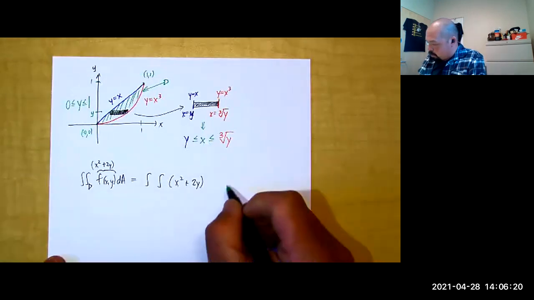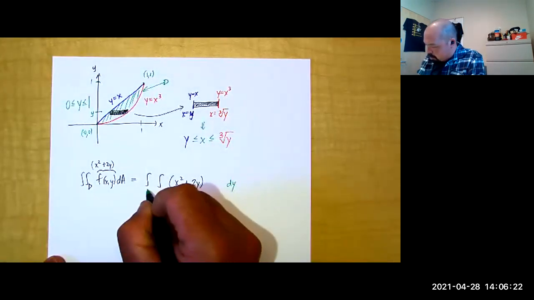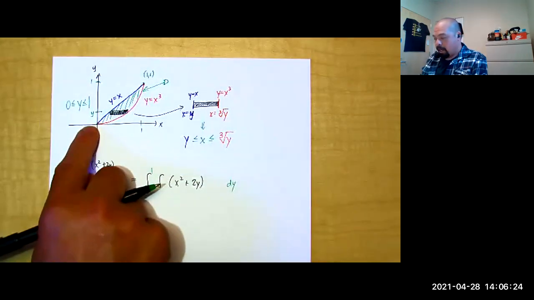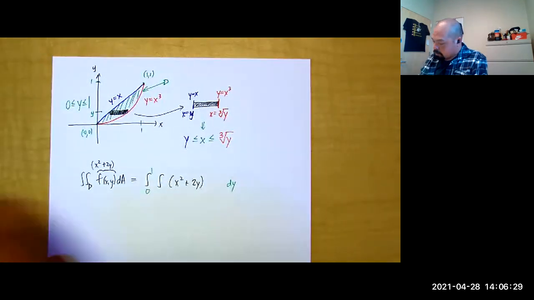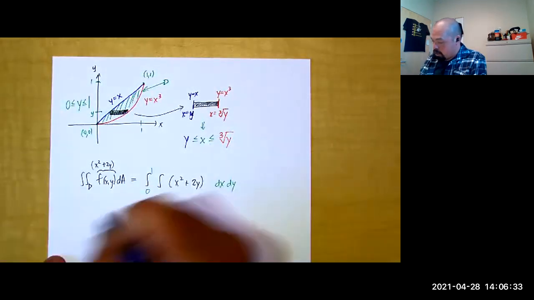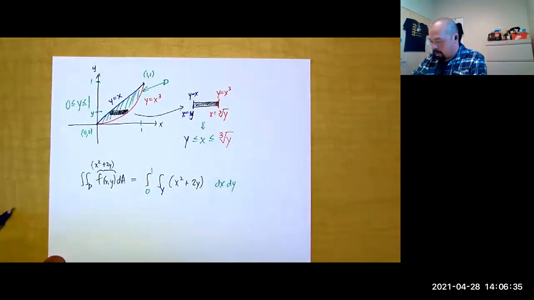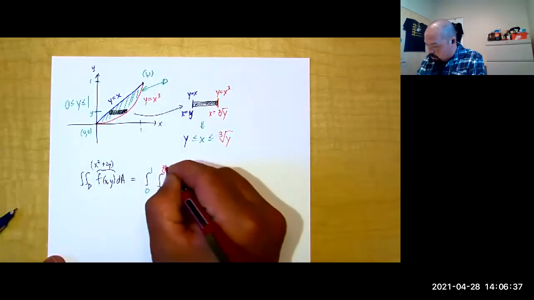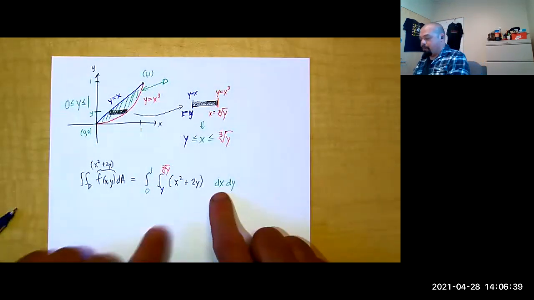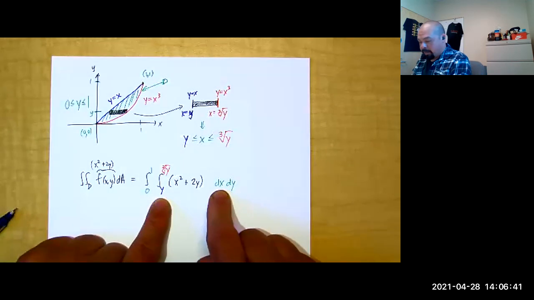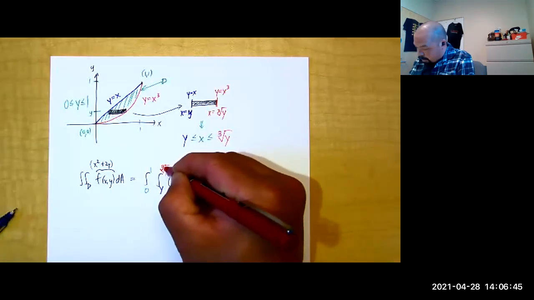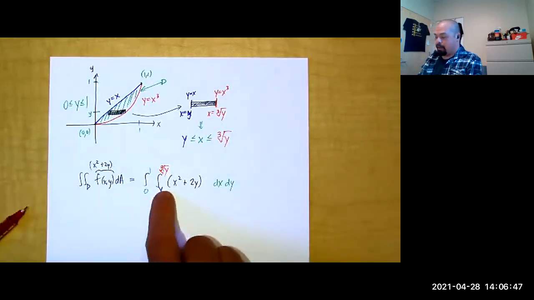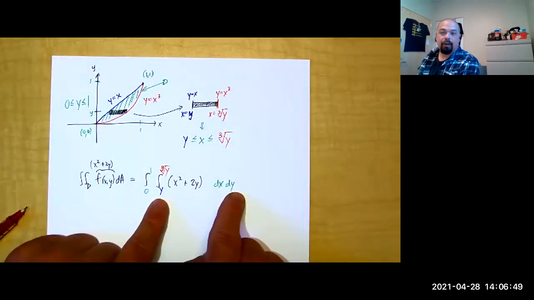But now my dy on the outside goes from 0 to 1. Y is going to go from 0 to 1. But now the dx is going to go between y and the cube root of y. That inner variable's limits of integration can be variable format, but they depend on the variable of the outer integrating factor.